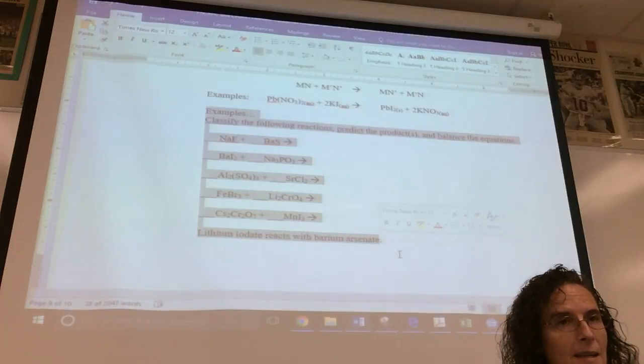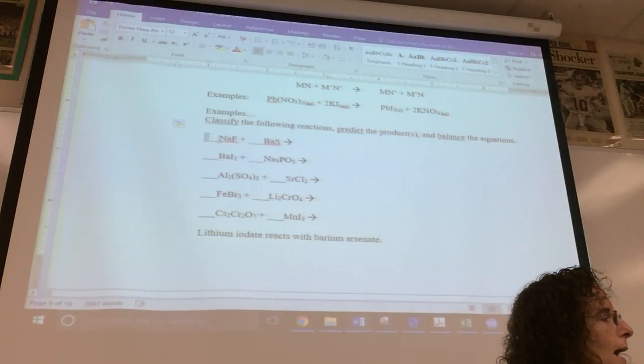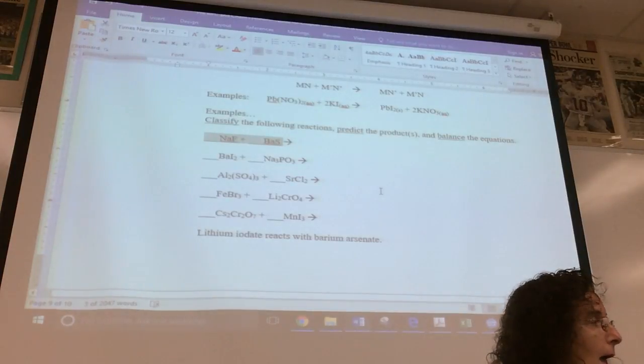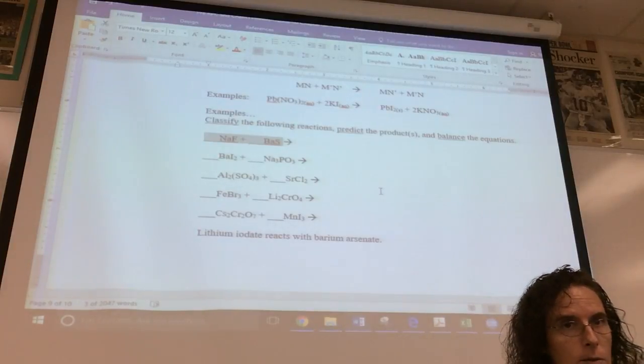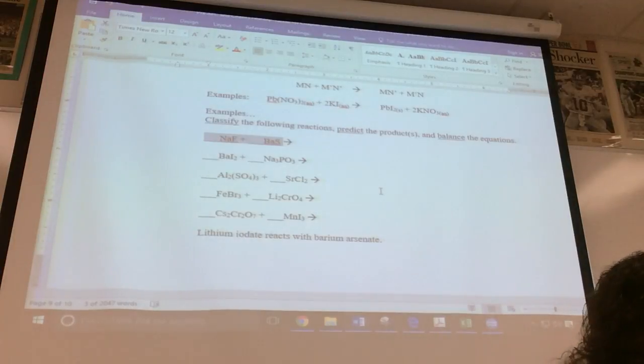You will recognize a double replacement reaction because you will have two compounds now, and they're both going to be ionic compounds. You're going to generate two new ionic compounds, one of which is insoluble in water.